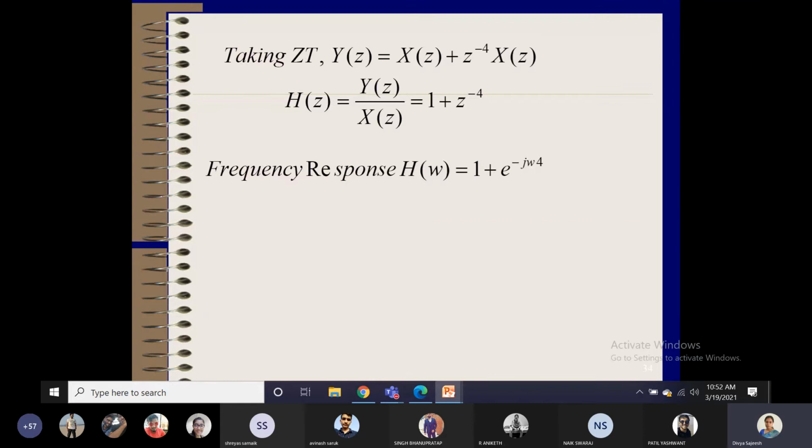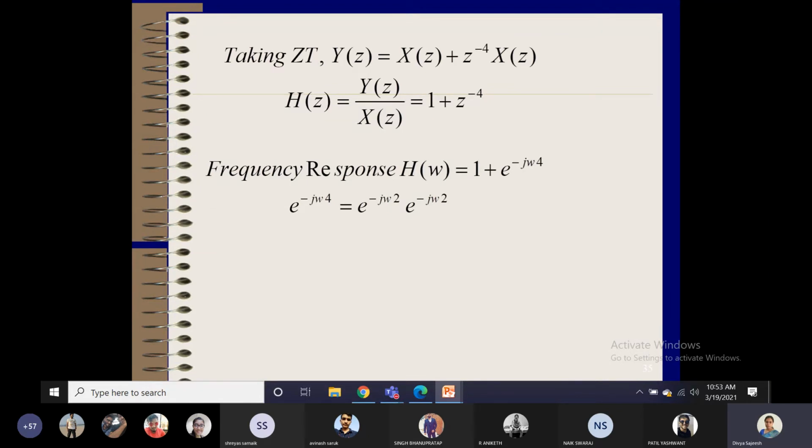So H of omega, which is the frequency response, is equal to 1 plus, we are putting e raised to j omega, so it will become 1 plus e raised to minus j omega 4. Now e raised to minus j omega 4, I can write as e raised to minus j omega 2 into e raised to minus j omega 2.